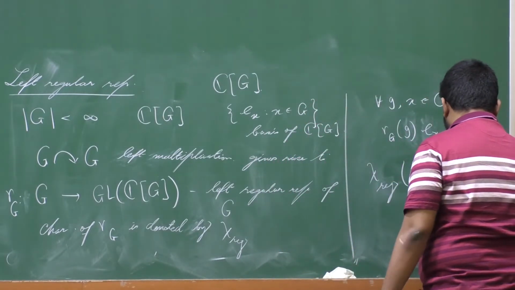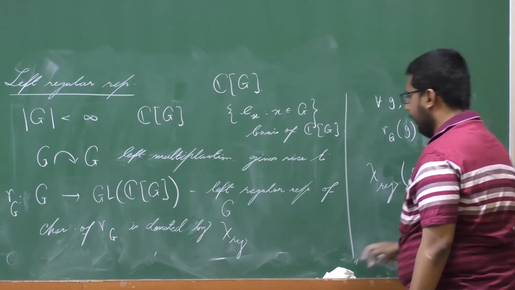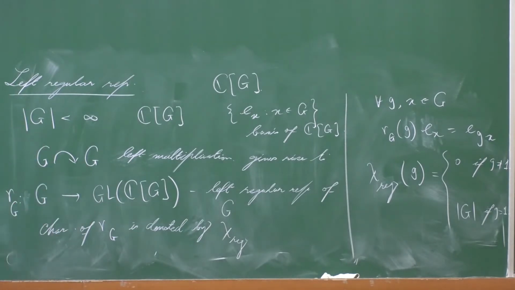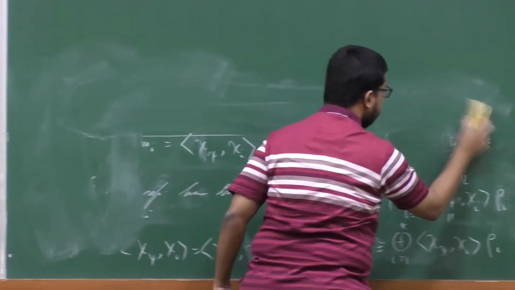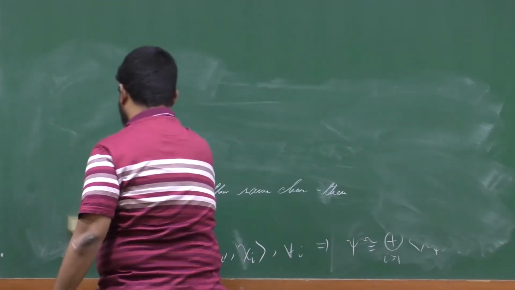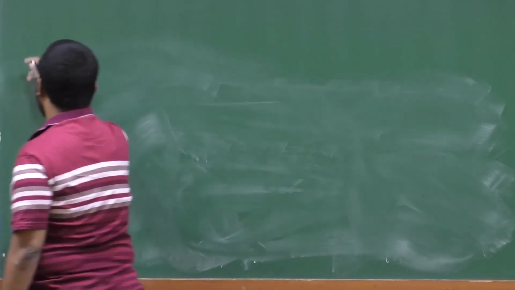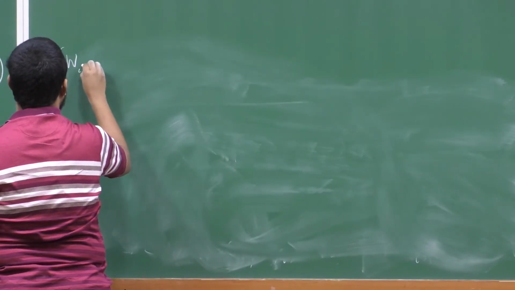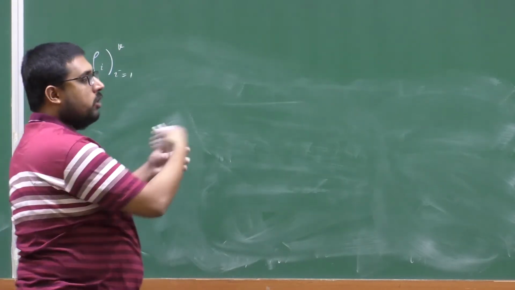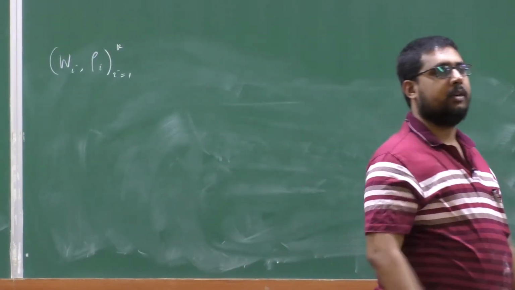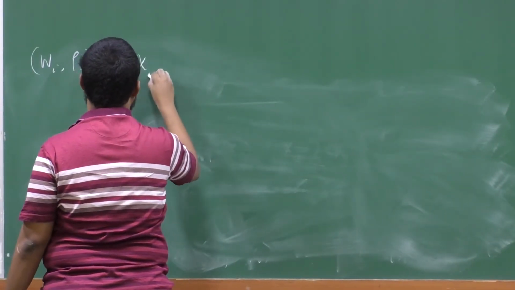So, we have if g equals the identity, it is the order of G. And in view of this we see the following. As I said, throughout I will fix that these are, up to isomorphism, all the mutually non-isomorphic irreducible representations of G, and the character of rho_i will be chi_i.